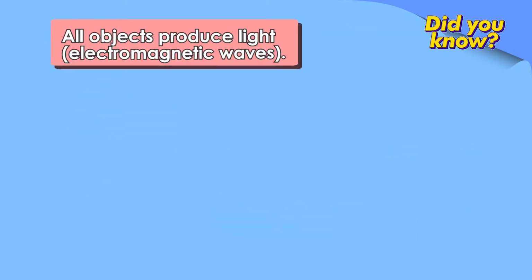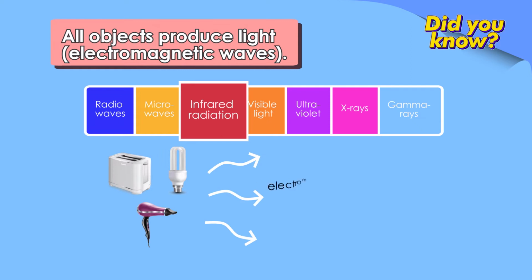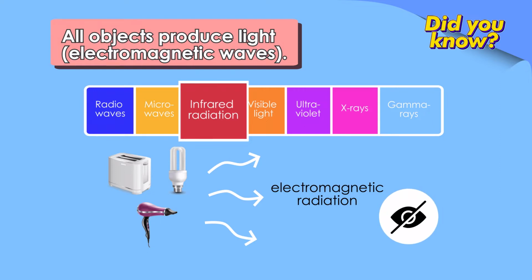All objects produce light, electromagnetic waves. Objects often emit electromagnetic radiation in the infrared spectrum, preventing you from seeing it.